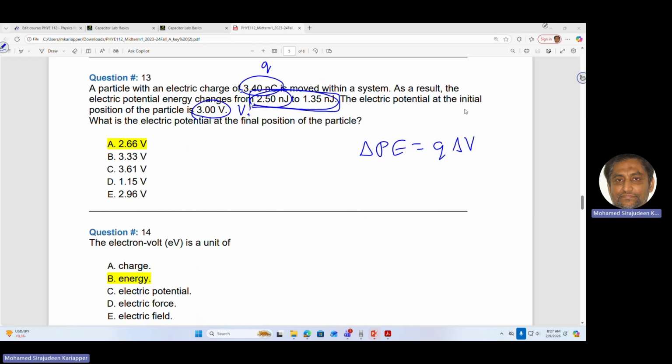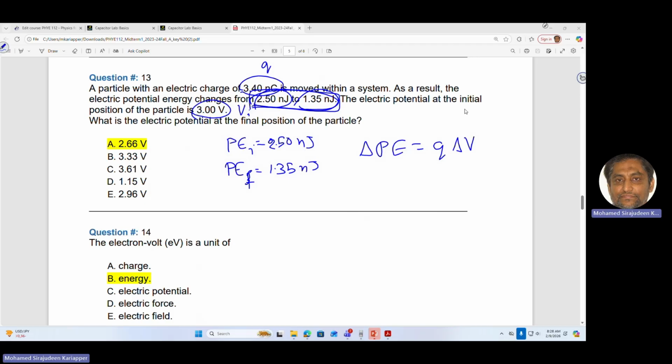This guy will be potential energy initial, and this guy will be potential energy final. They have sign, okay? Energies have sign. No sign means it is positive. If you want to say it is negative, you need to put the negative sign. Otherwise, it is understood to be positive.